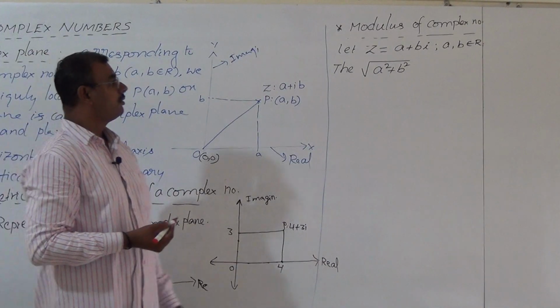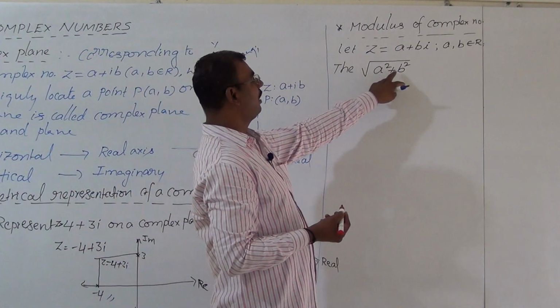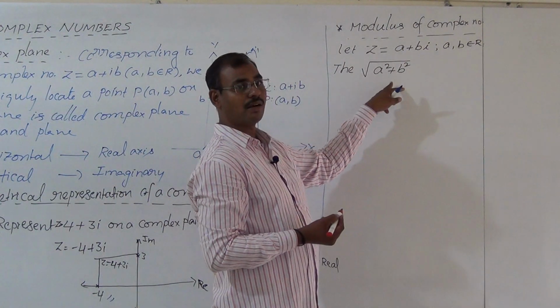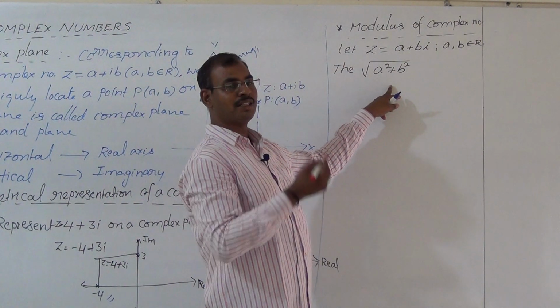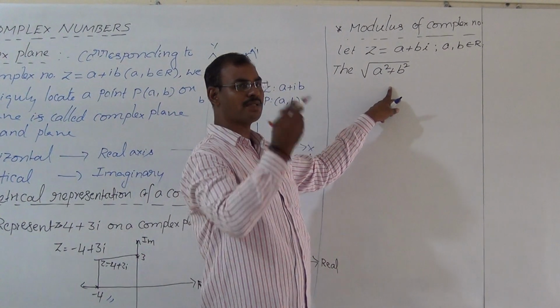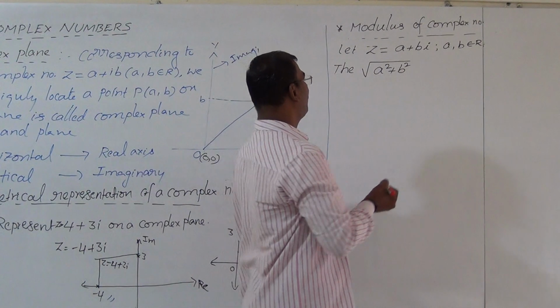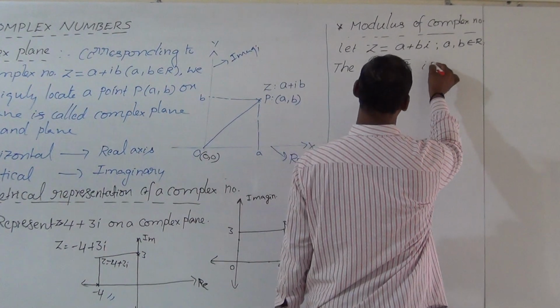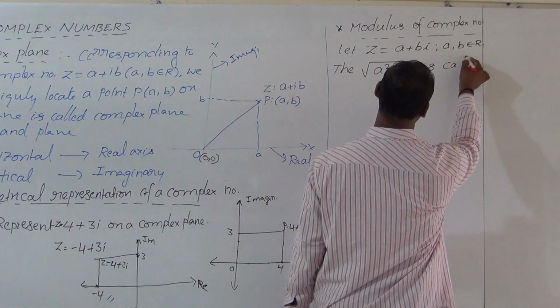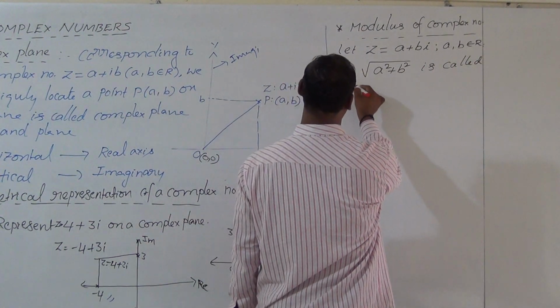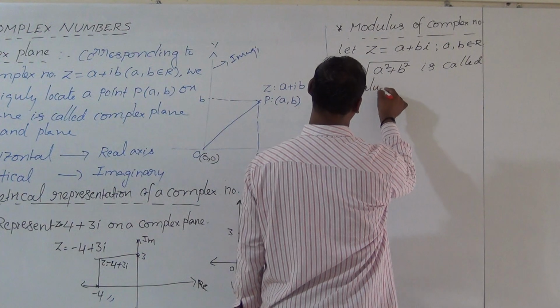Square root of a square plus b square is always a non-negative real number, meaning it must be absolutely positive. This is called the modulus of a complex number.